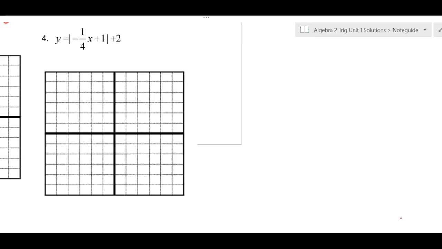So I'm going to do a couple things and make sure you understand that it's okay for me to do them. First of all, would you agree I could rewrite this where I separate the -1/4 from the rest of the stuff in the absolute value, like undistribute it, factor it out? And what would that set of parentheses look like when I factor out the -1/4? The first term would be x, because -1/4 times x would make -1/4 x.